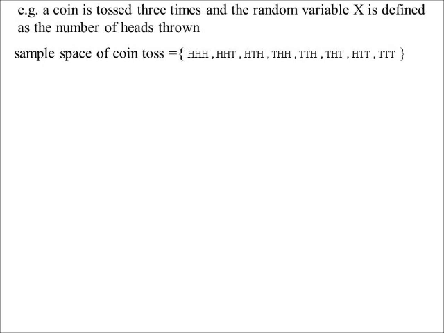But the sample space of the random variable are not those, because remember, we want the value. So 3 heads are thrown, 2 heads are thrown. Remember, x is not the outcomes. We've defined x to be the number of heads thrown. So each one of those would convert to a number. 3, 2, 2, 2, 1, 1, 1, and 0.